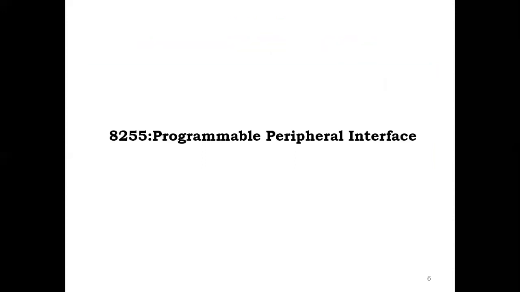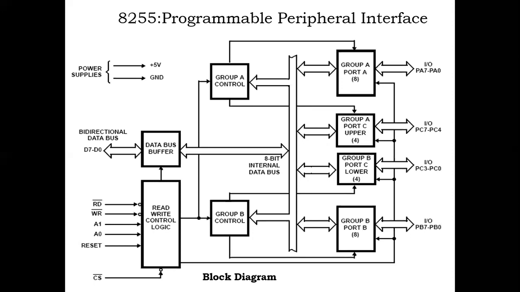8255 programmable peripheral interface. In the 8085 microprocessor there are no input output ports. If you want to connect external devices, you need to create the ports, so we connect the 8255 with the microprocessor.